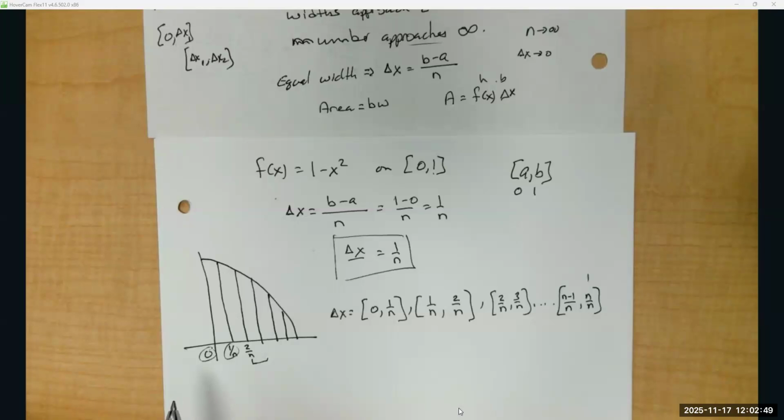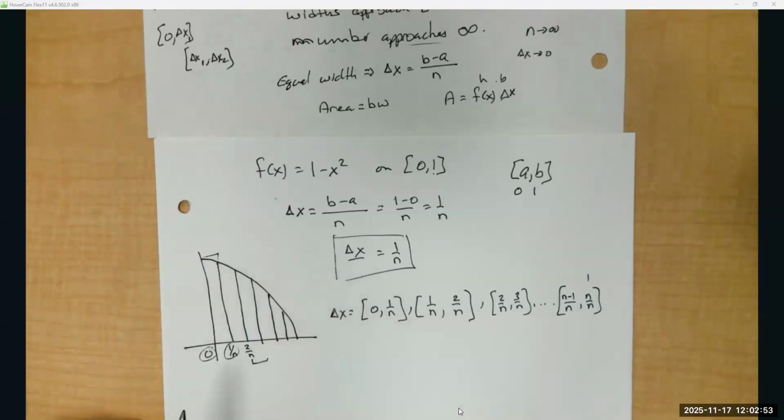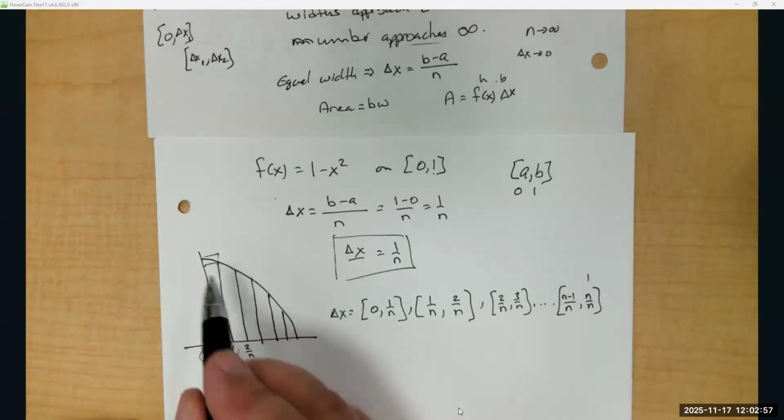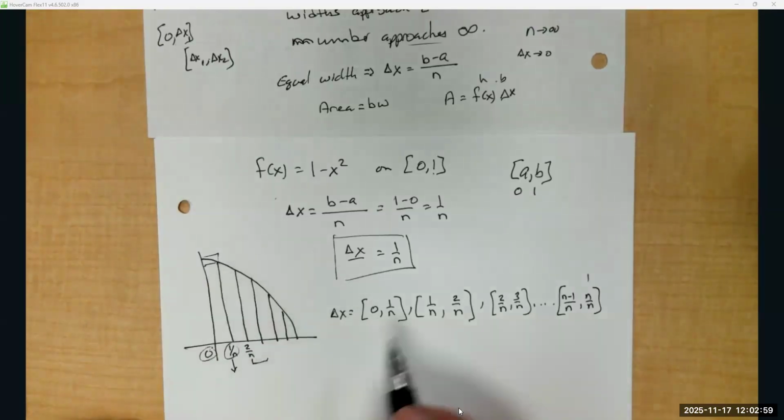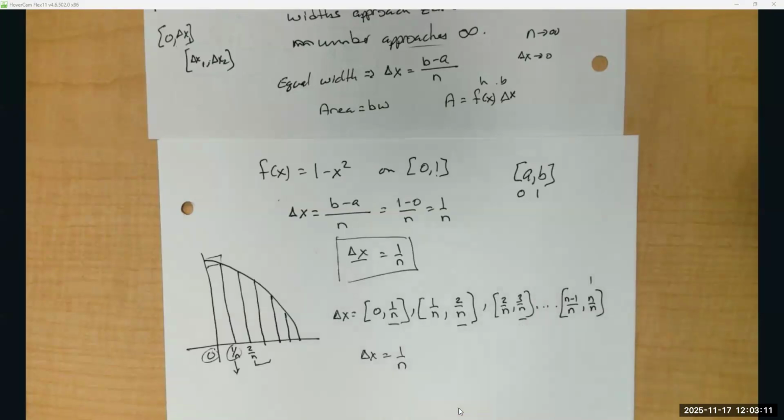Look at the picture. If we use left, how can that be the lower sum if it's above the picture? So we'll have to use the right-hand side. Our delta x we'll be using is 1 over n. So we're going to use 1 over n, then 2 over n, then 3 over n. Those are each one of our values that we're going to be using in our function.